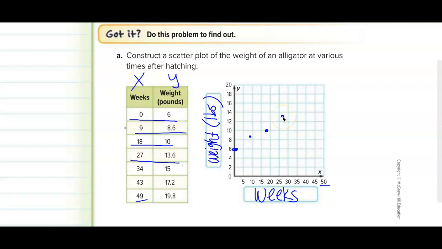It's okay if they're not exact. 34, 15, so just shy of 35, just shy of 16.